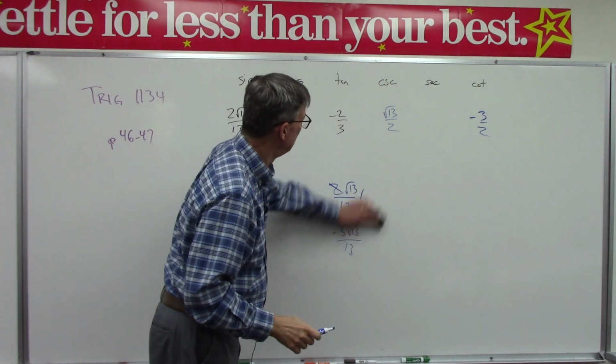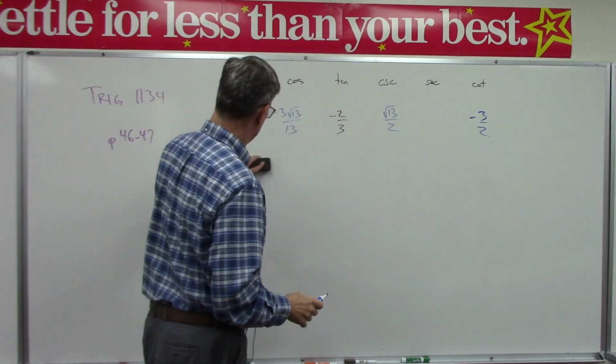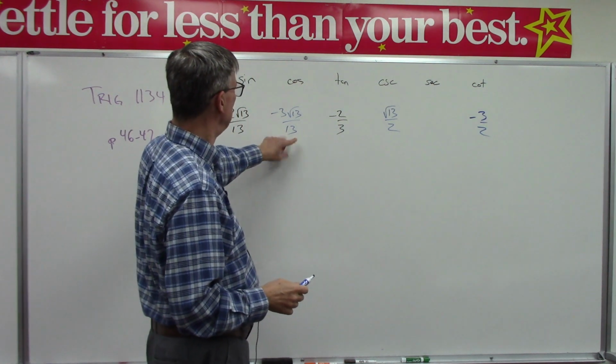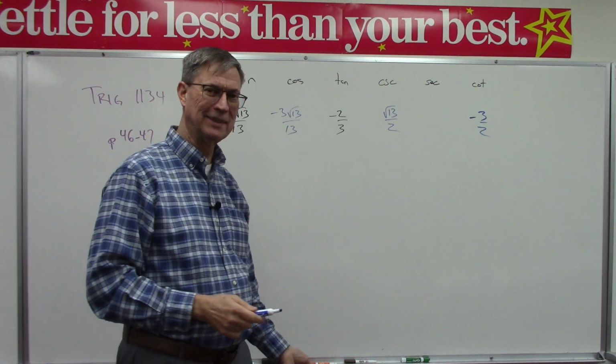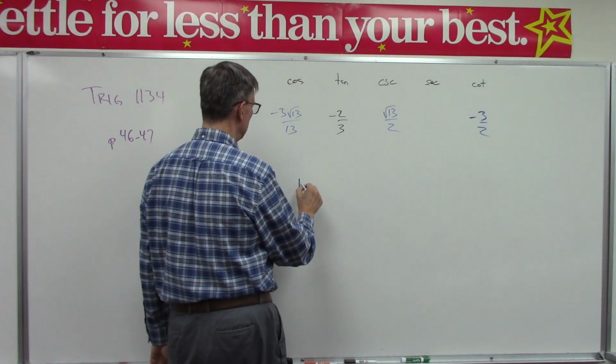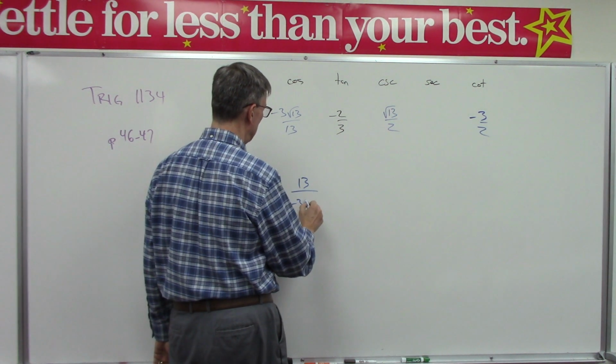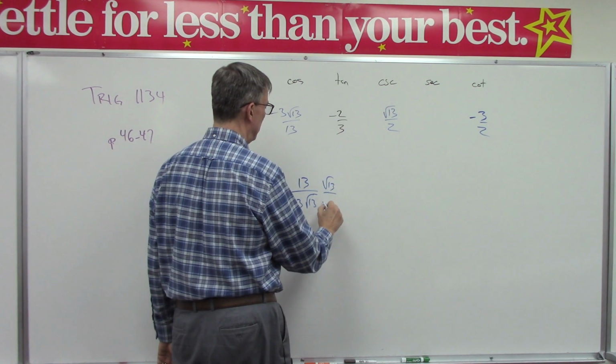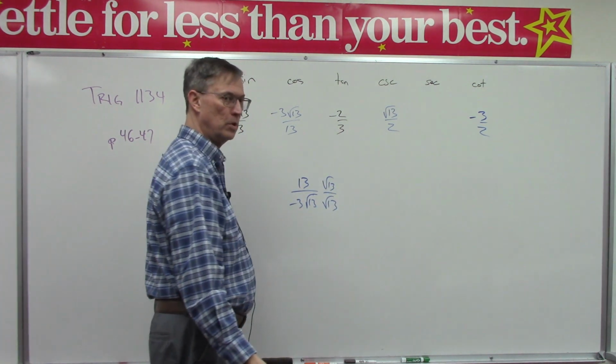Now, do you remember how to find the secant? The secant is the reciprocal of the cosine. So now I can just take 13 over negative 3 square root of 13, multiply top and bottom by square root of 13.